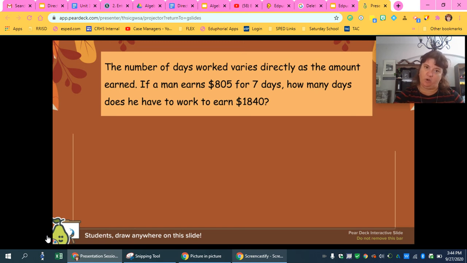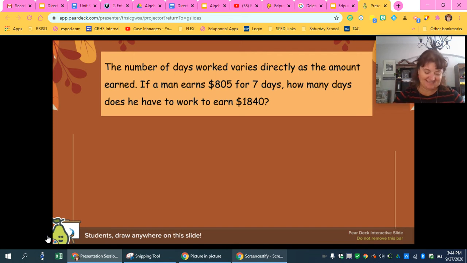The days worked varies directly with the amount earned. Okay? So set up your y over x, and the man earns 805. Where does that 805 go?